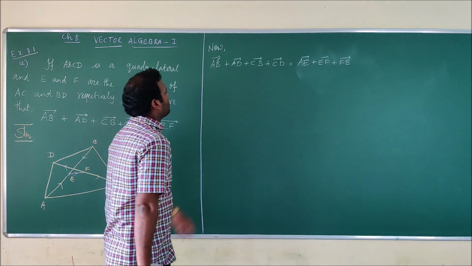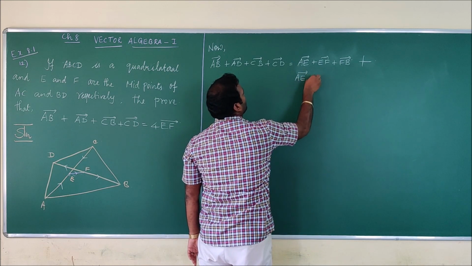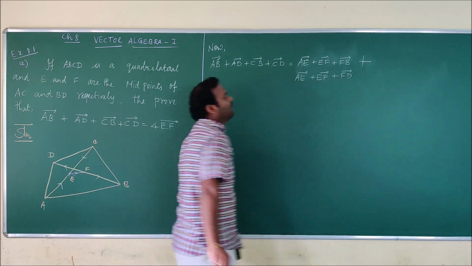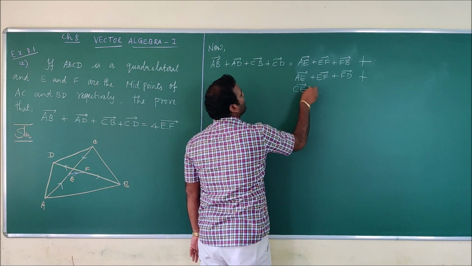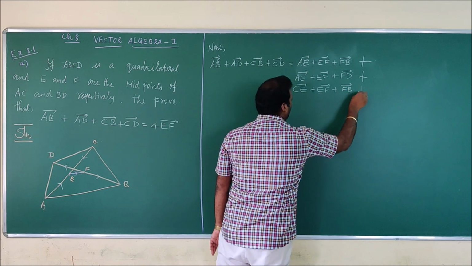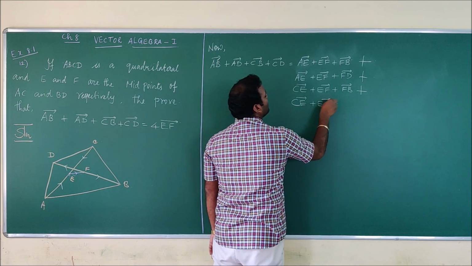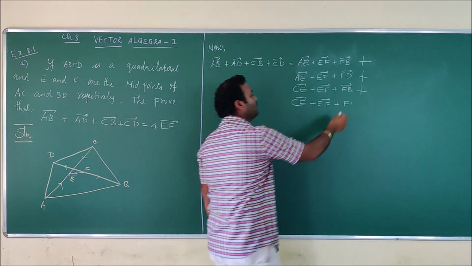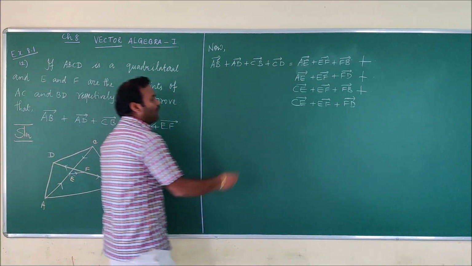Then AD vector is AE vector plus EF vector plus FD vector. Then CB vector is nothing but CE vector plus EF vector plus FB vector, and CD vector is CE vector plus EF vector plus FD vector. So now I have written all the 4 vectors. Now I am going to add this.